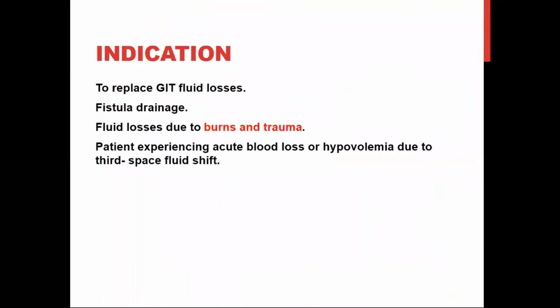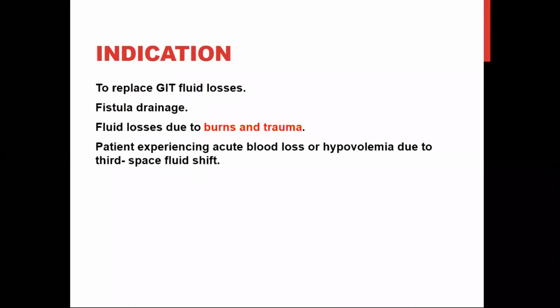What is the indication for Hartmann solution? First one, to replace GIT fluid loss. As I told you, it contains electrolytes like in the plasma, which I need in GIT fluid loss. Regarding the fistula drainage, for example, fluid loss due to burn and trauma. In burn it is preferable.